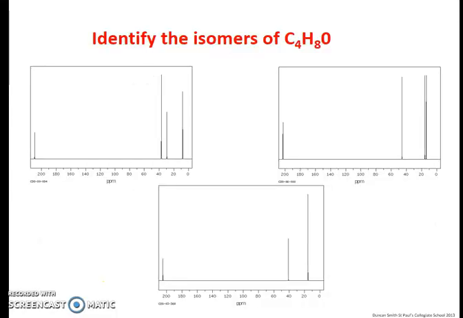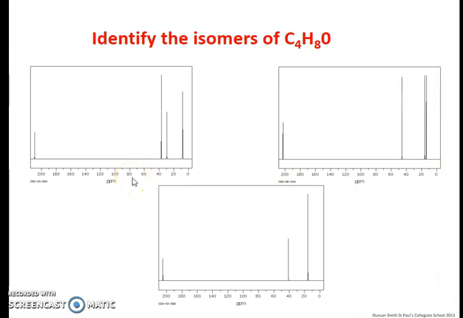If we have a look at these 2 spectra at the top, you'll see that the one on the left has 2 peaks around about 30 to 40 parts per million, whereas the one on the right only has 1 peak around that and has 2 peaks between 10 and 20 parts per million.